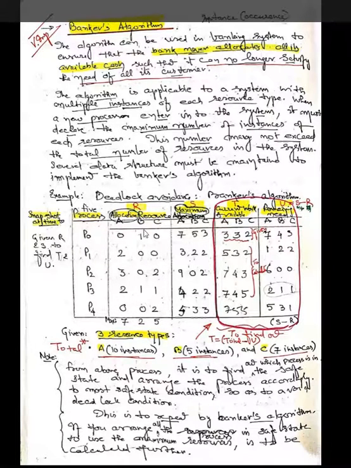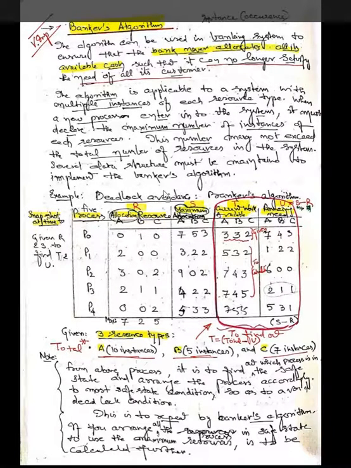That means 3 resources are given, with different possibilities being assigned. Based on this distribution, the algorithm is defined.